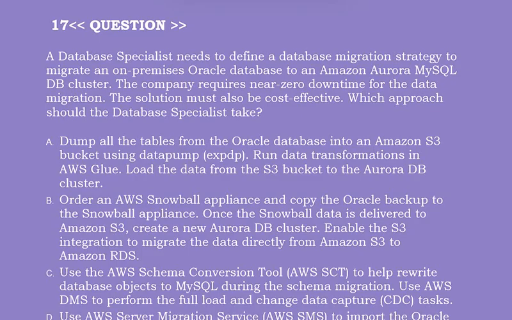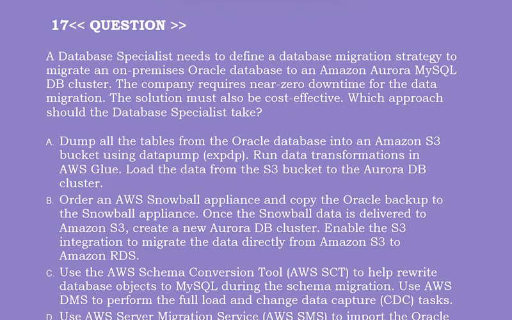Option A, dump all the tables from the Oracle database into an Amazon S3 bucket using Data Pump expdp. Run data transformations in AWS Glue. Load the data from the S3 bucket to the Aurora DB cluster.